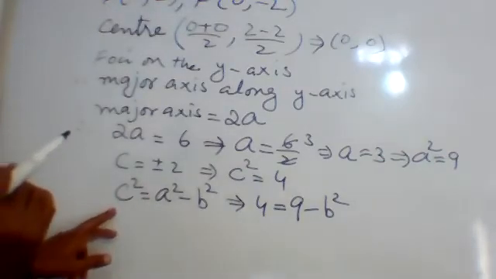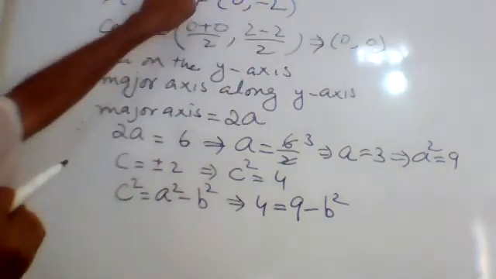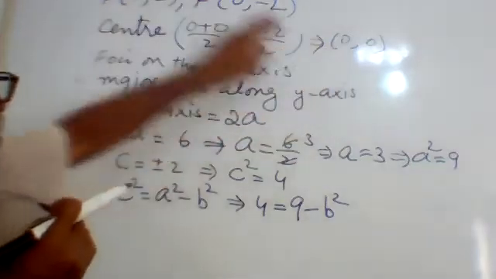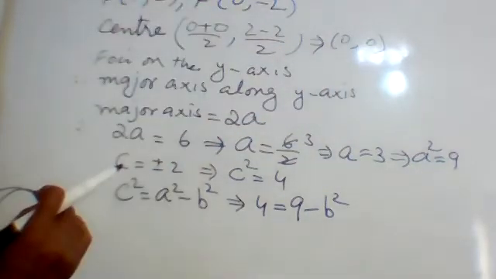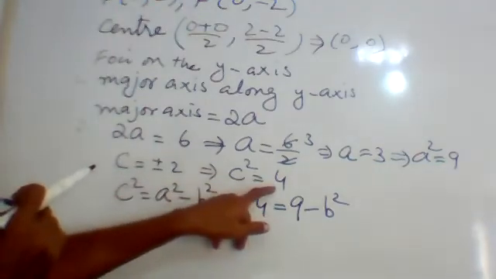C is equal to plus minus 2, the distance from the center to the focus is called C. So 0 to plus minus 2 will be plus minus 2. So C is plus minus 2, and C square will be 4.